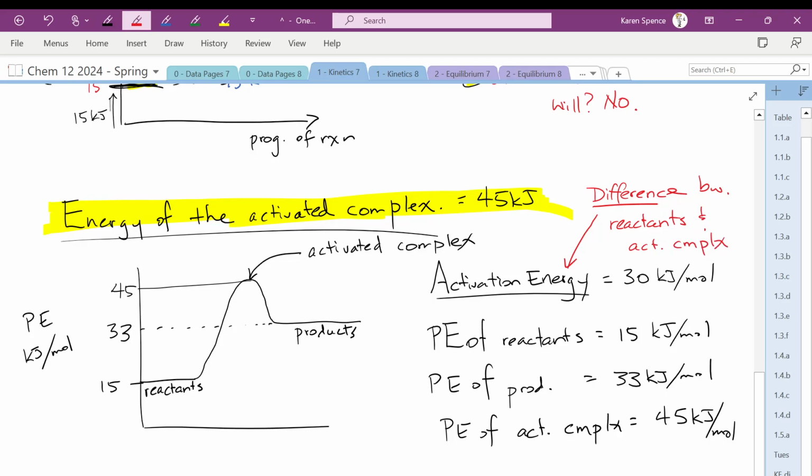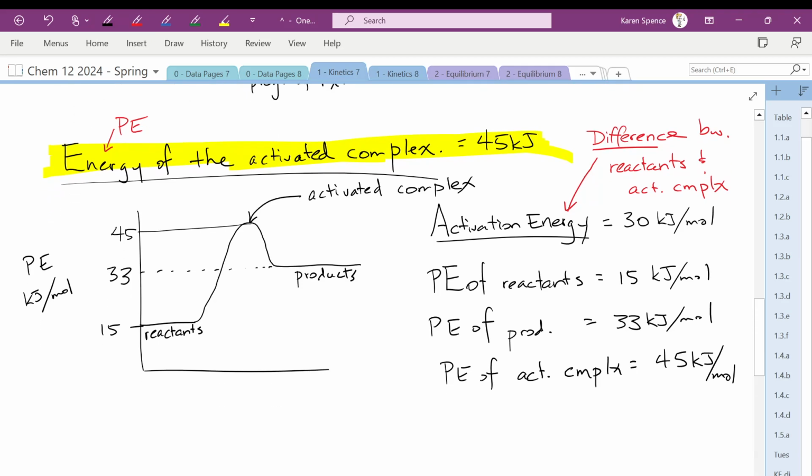Whereas the energy of the activated complex is just the potential energy of the activated complex. Is that good? Do we feel clarification on those terms? We're good. All right, what is delta H for this reaction?